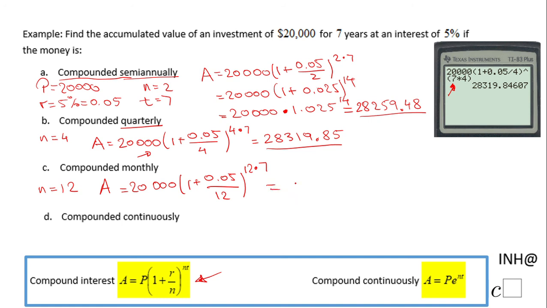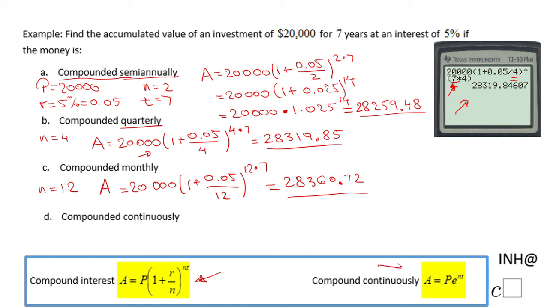If you use a calculator and follow the same process, the only difference is you're going to have a 12 here and a 12 here, and you should end up with $28,360.72. I rounded down now to the nearest cent, and you notice this amount is more than the previous one, N equals 4.